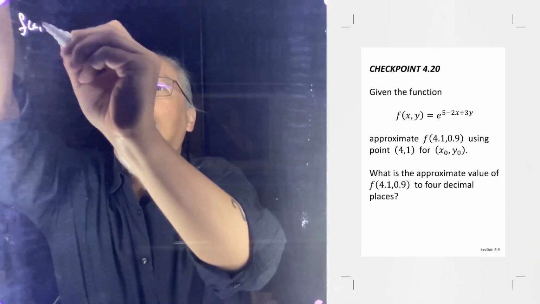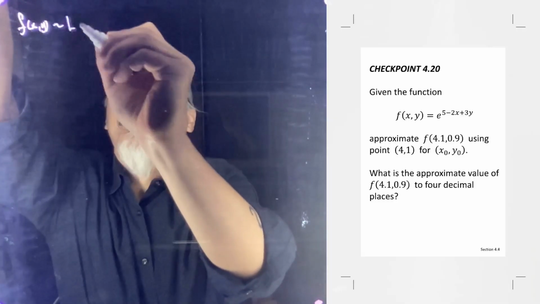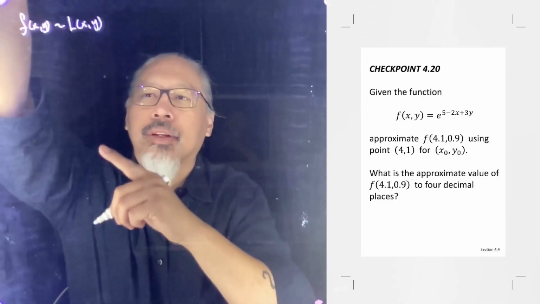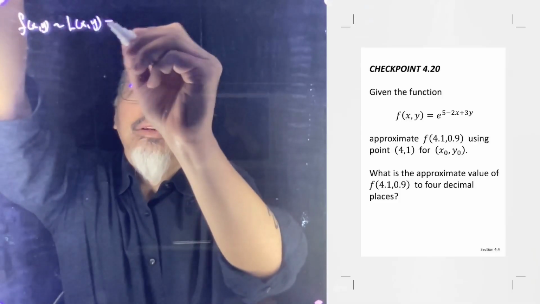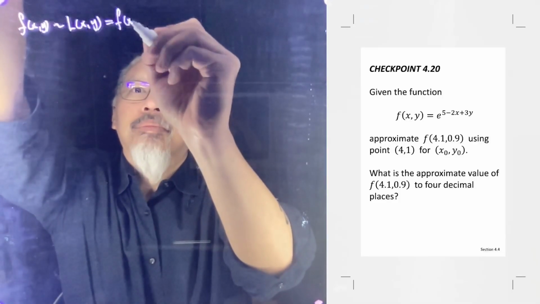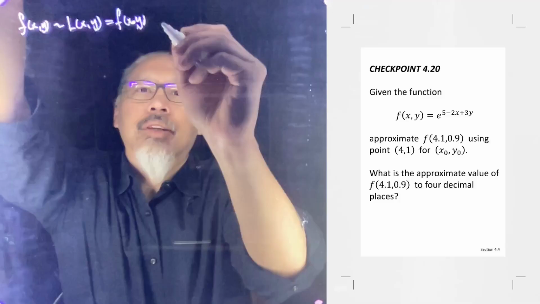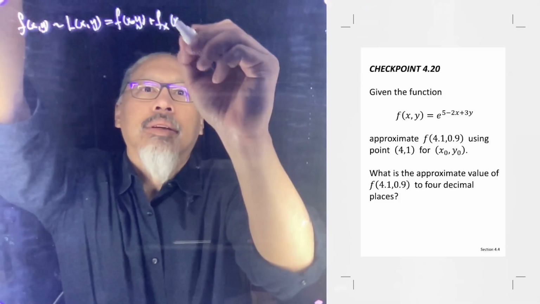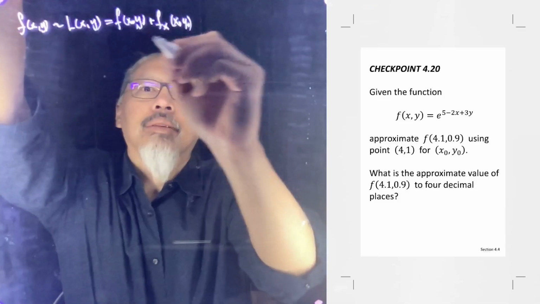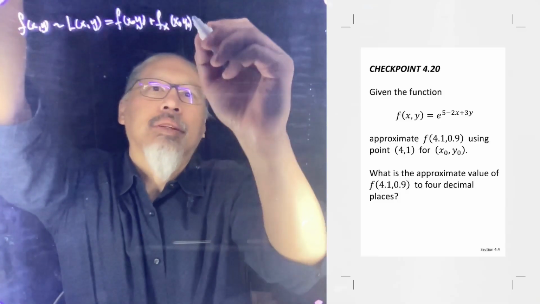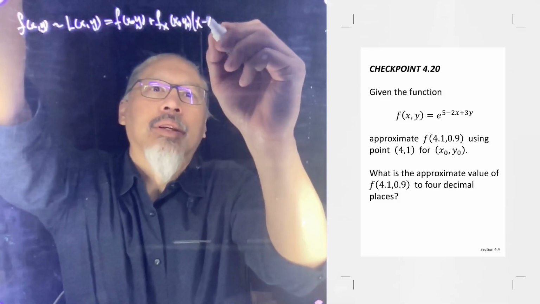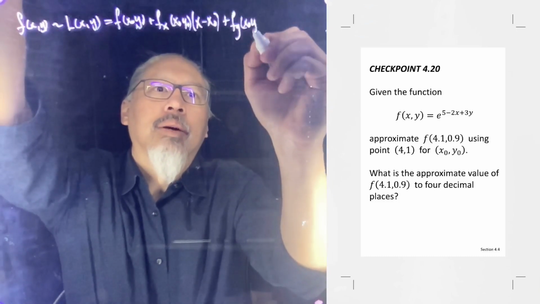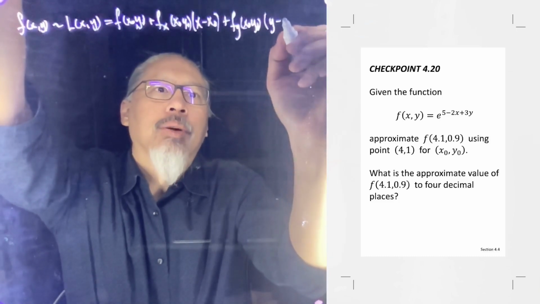says that f of x, y is approximately equal to essentially the tangent plane, the linear representation of our function, which has the formula f of x naught, y naught plus f sub x evaluated at x naught, y naught times x minus x naught, plus f sub y evaluated at x naught, y naught times y minus y naught.